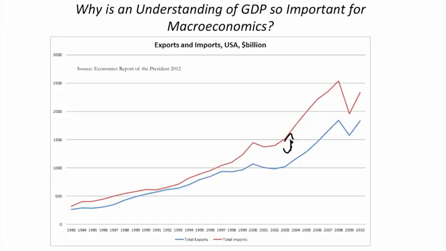In other words, if you can understand gross domestic product, you're already a long way down the road towards understanding some very important key fundamental aspects of the macroeconomy. So we'll come back to this chart in a little while after we've explored gross domestic product, and you'll be able to see exactly why there is a gap between imports and exports and what the fundamental reason is for that gap and why it may have widened in recent years.